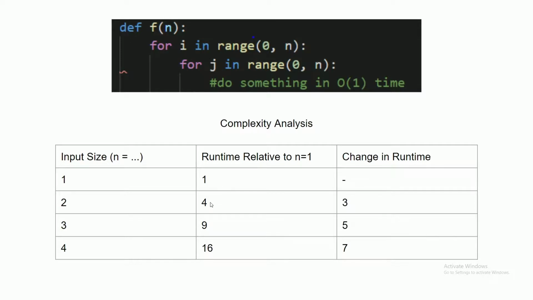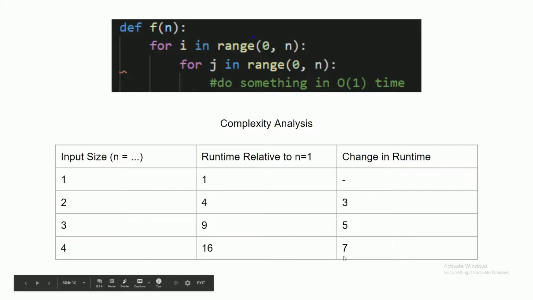So as we can see, these first two columns actually just plot the function n squared.